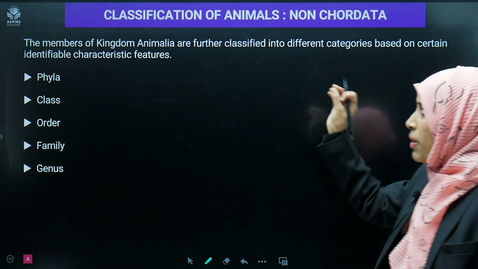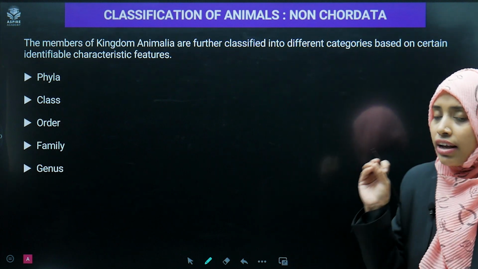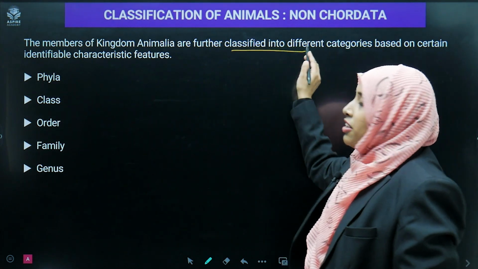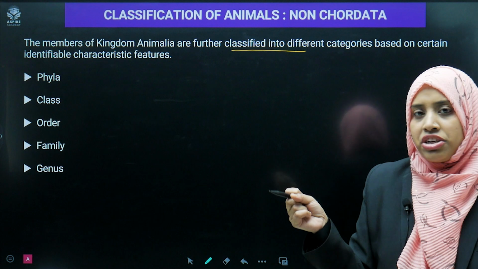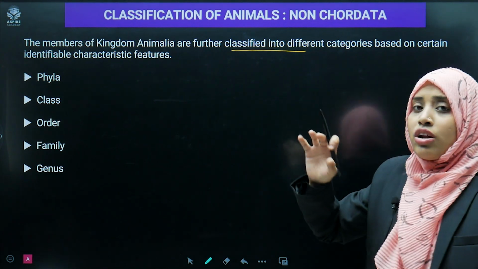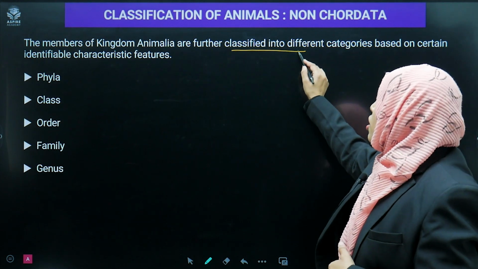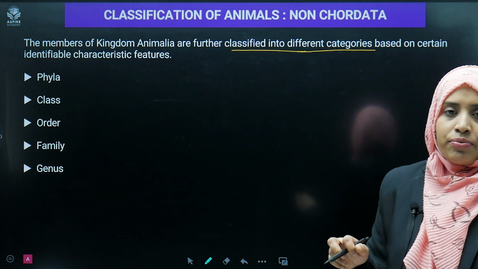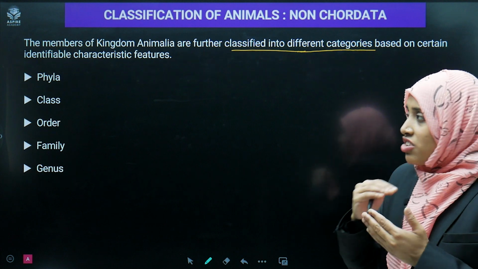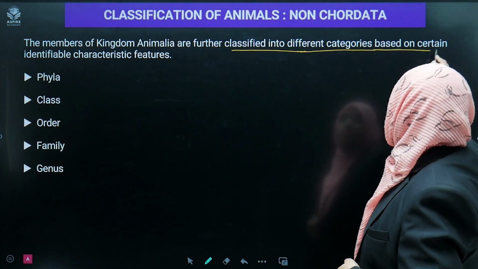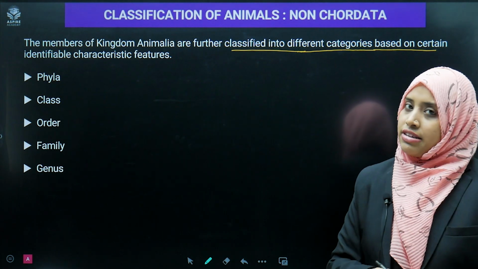The members of the kingdom Animalia can be classified further. First of all, the 5 kingdom classification has been given, but after that, that specific animal kingdom can also be classified into different categories, based on certain characteristics.